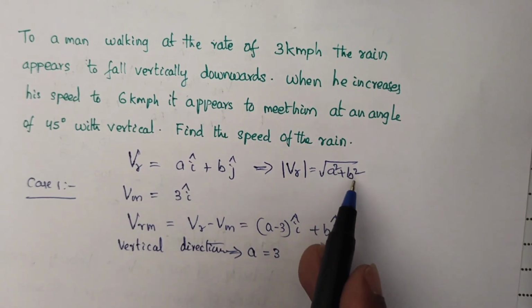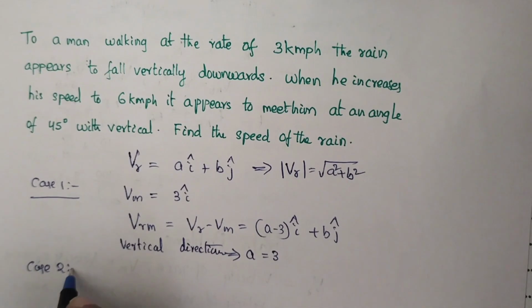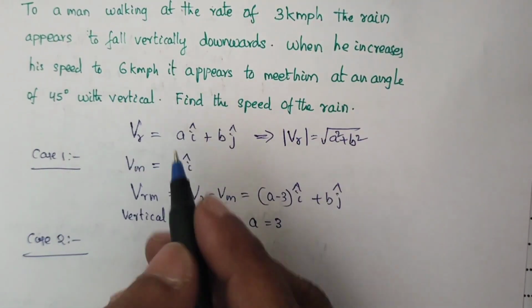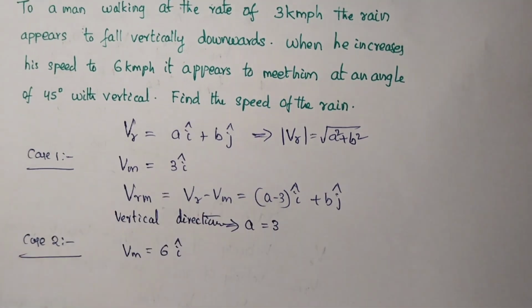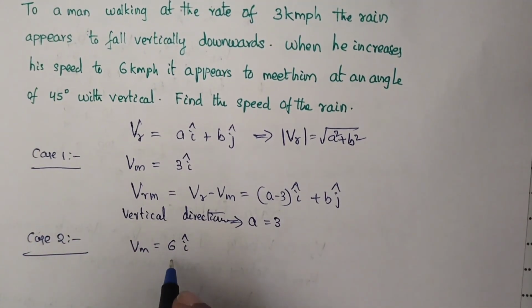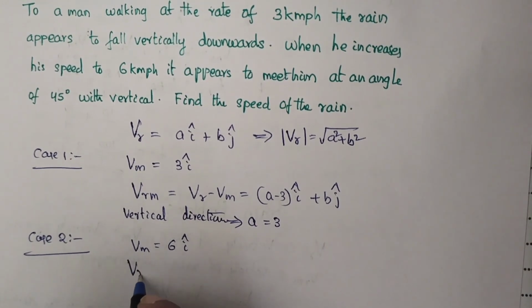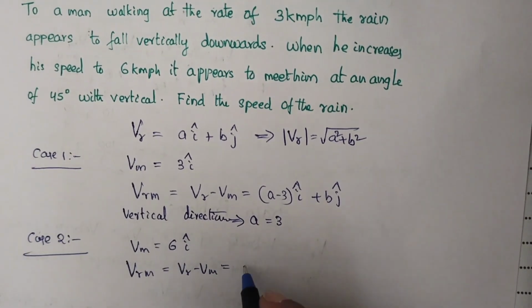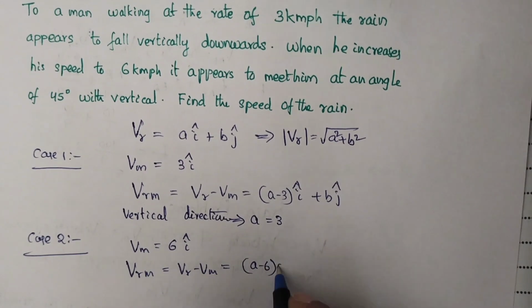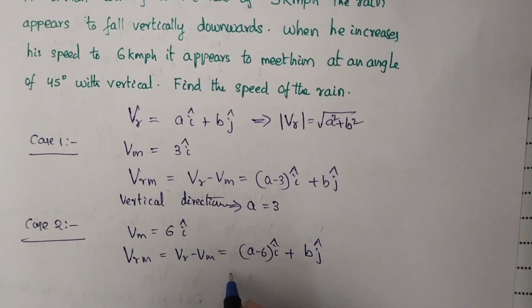So we got a equal to 3, and again in the second case, say case 2, the man velocity Vm is equal to 6 i cap. Vm is given here. So Vrm is equal to Vr minus Vm, that is equal to (a minus 6) i cap plus b j cap, right?